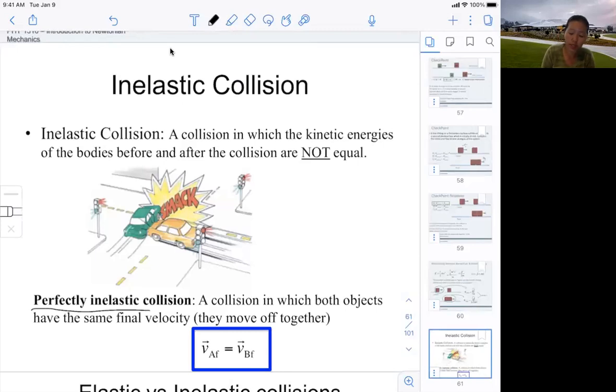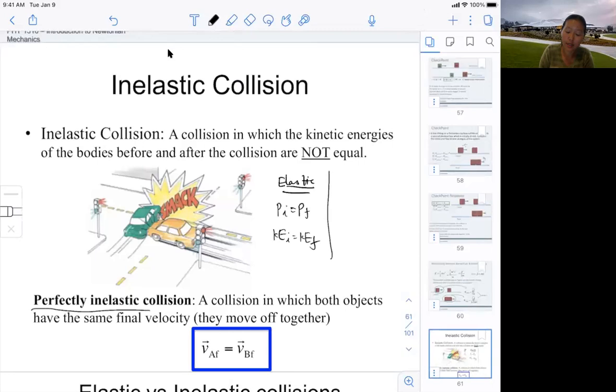So to summarize, for elastic collisions, we use, of course, P initial equals P final, conservation of momentum, and we use another condition that belongs to the elastic collision, that kinetic energy remains constant. We use these two equations that oftentimes help us solve problems.